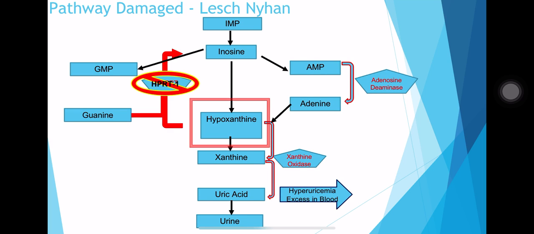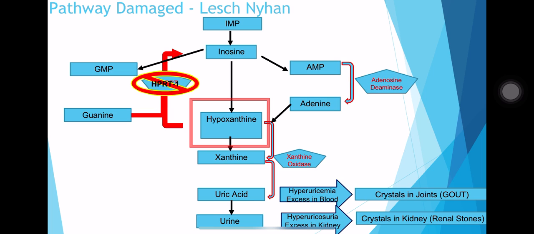When there's excess uric acid in the kidney, that leads to hyperuricemia. These can cause urate stones, which become urate crystals that lead to tophi, gout, and renal stones. Uric acid also has a correlation with dopamine, a neurotransmitter associated with behavior and emotion, which is the telltale sign of Lesch-Nyhan syndrome of self-mutilation.